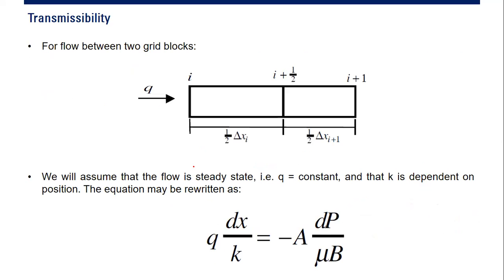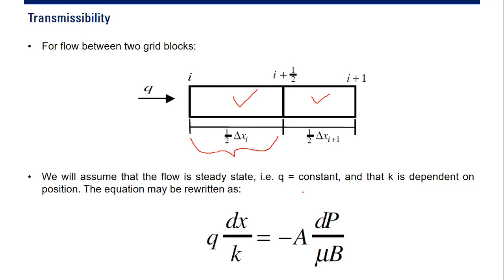Now, for flow between two grid blocks, starting from i plus half and i plus 1, this is the length, half multiplied by dxi. We will assume that the flow is steady state.